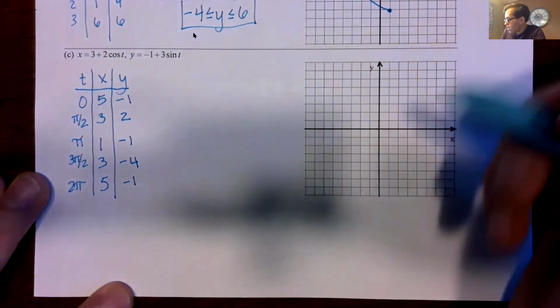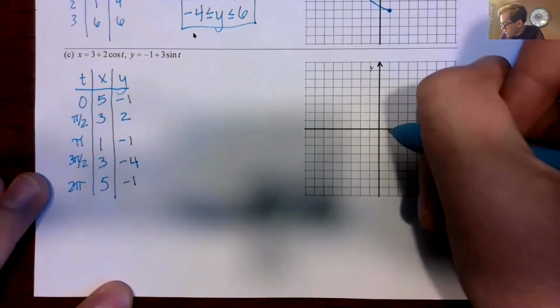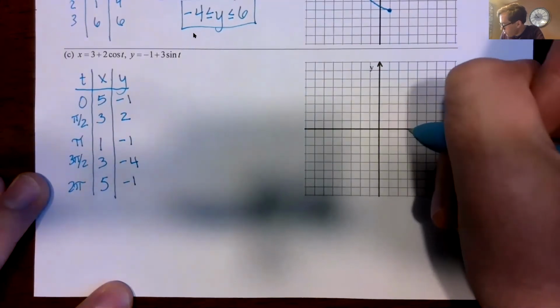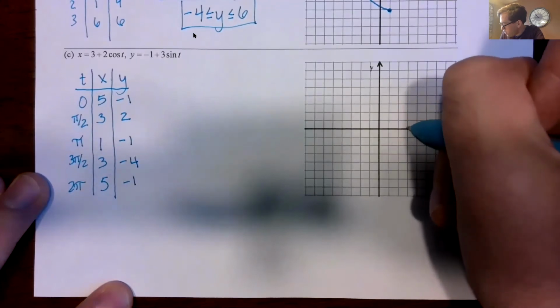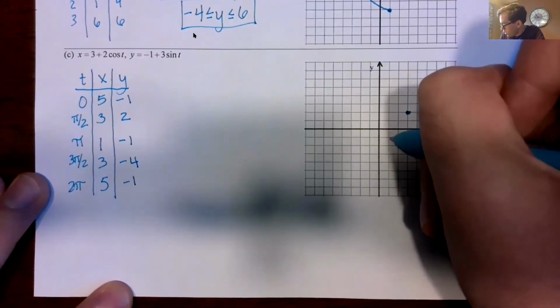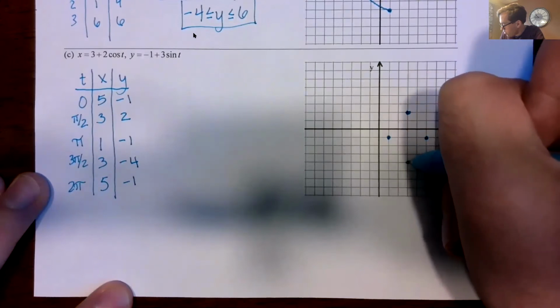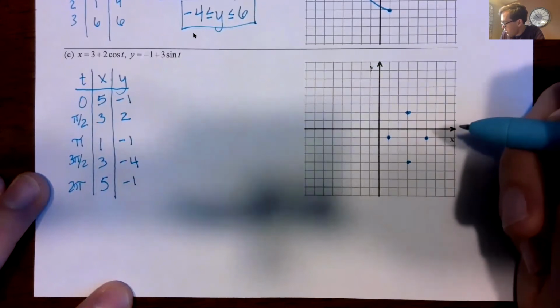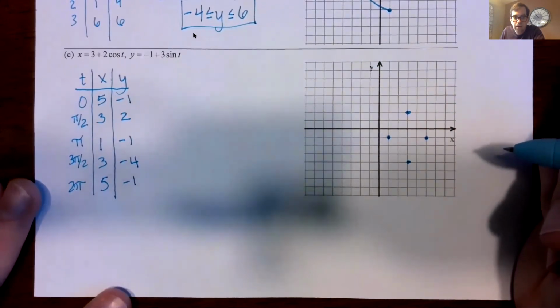Okay, and then on the graph, we plot these points. So we have (5, -1), (3, 2), (1, -1), (3, -4), and then (5, -1) again. And so we've got these points in like a diamond shape here.